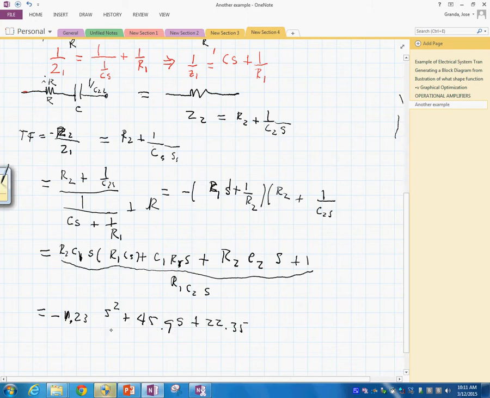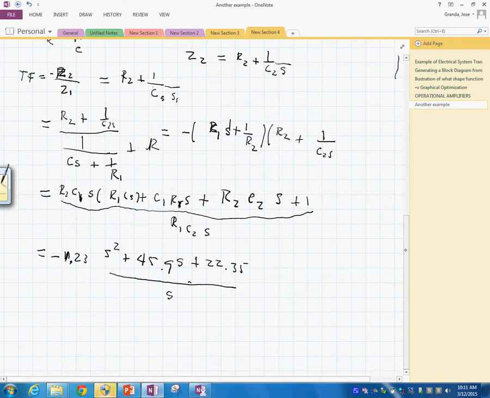And then this divided by S. So this is called a proportional integral derivative control. And let me show you why that is.